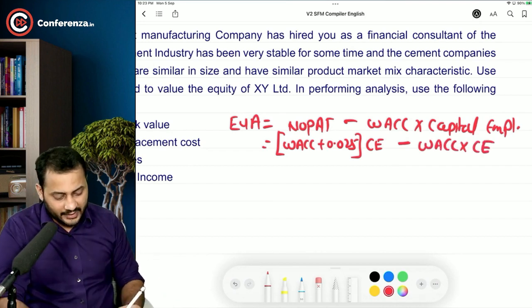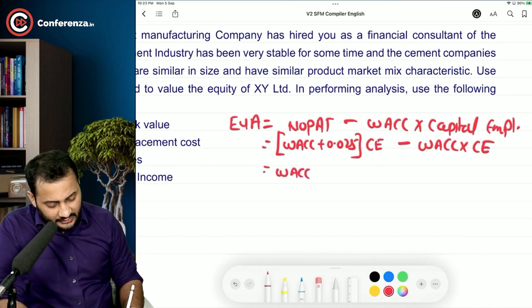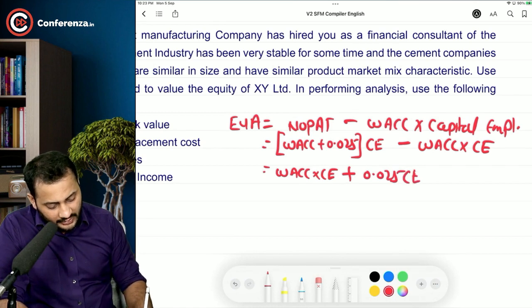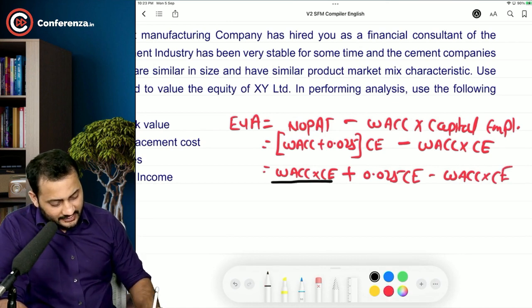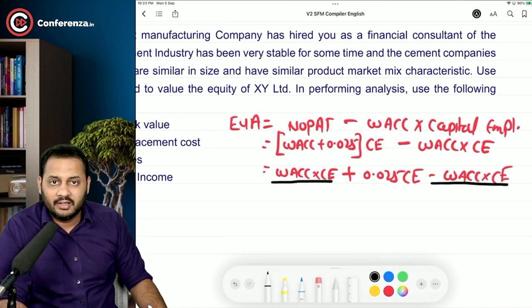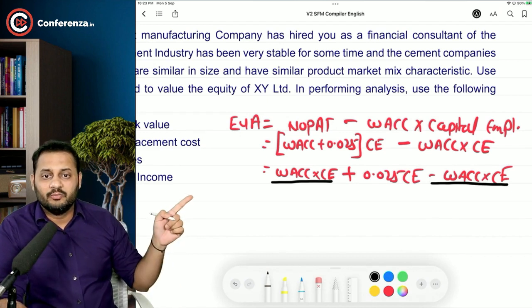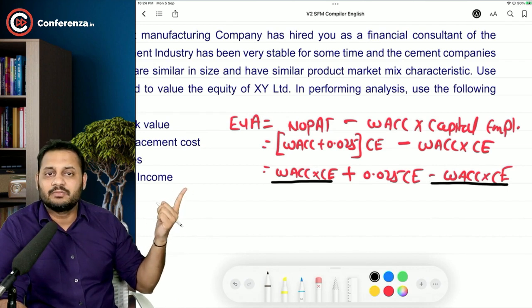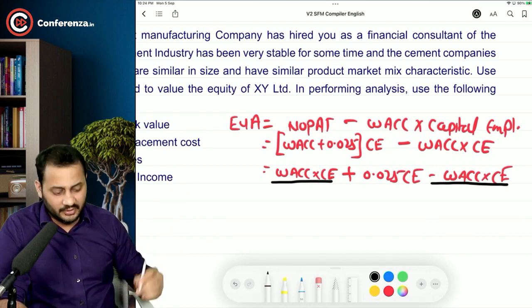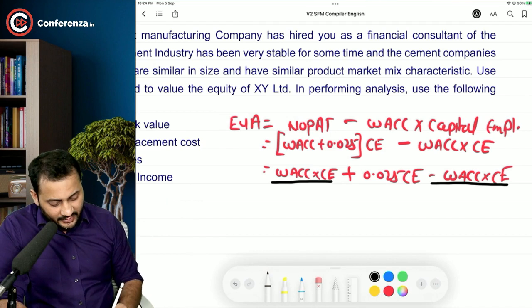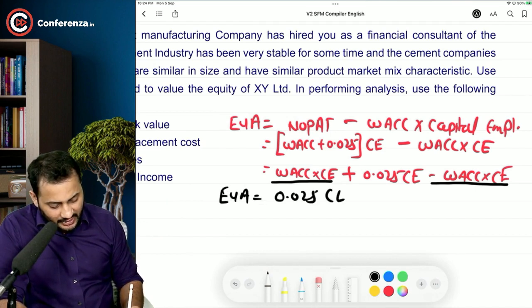Now open the bracket. WACC into capital employed plus 0.025 into capital employed minus WACC into capital employed. Can you understand that these two figures are common and are negating each other? That means they are getting cancelled. So what's left is EVA is equal to 0.025 capital employed.